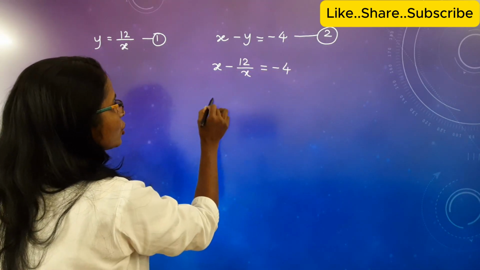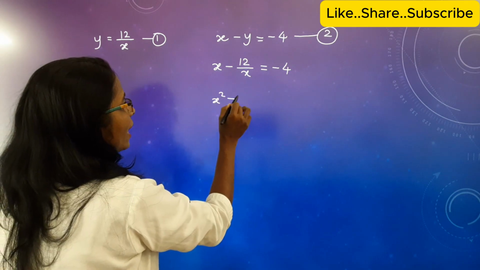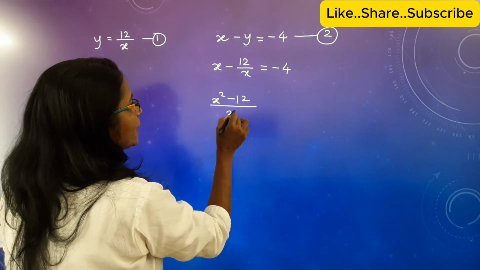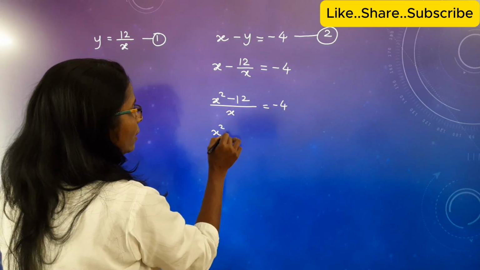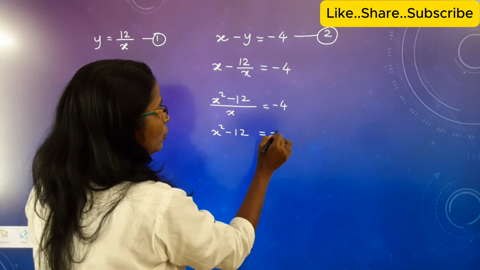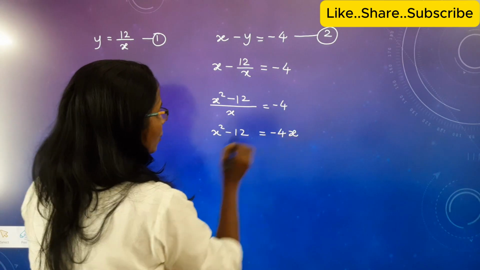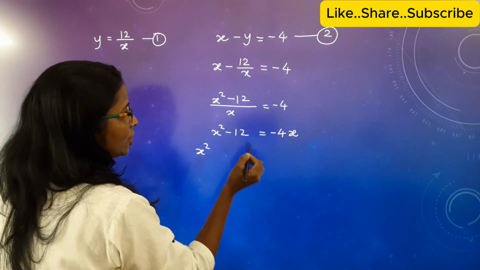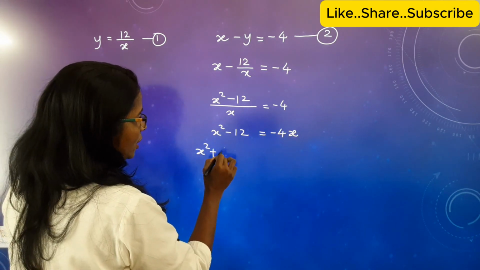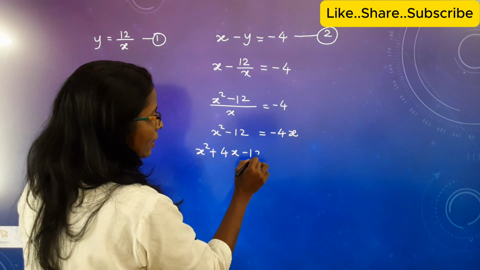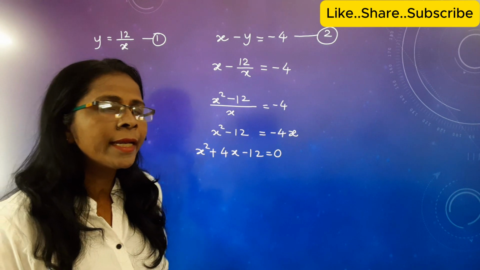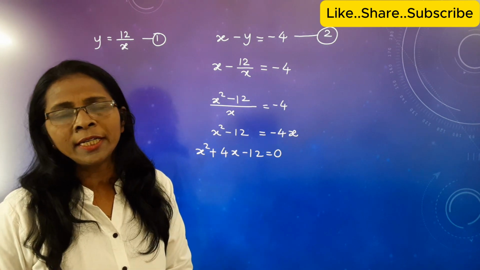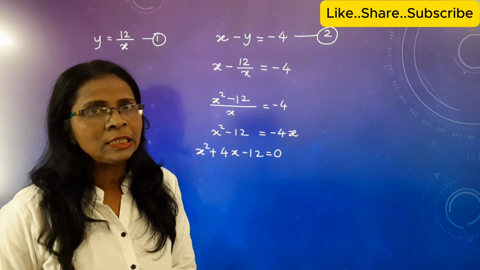So that means cross multiply: x square minus 12 is equal to minus 4x. So by rearranging the terms, x square plus 4x minus 12 is equal to 0. So now, students, this is a quadratic equation. We can solve this quadratic equation with the help of the factorization method.